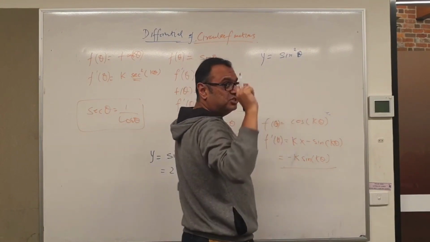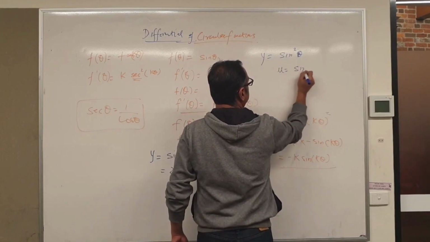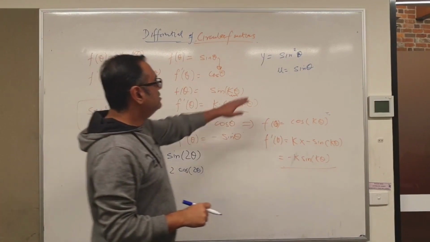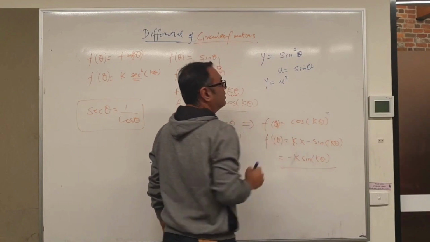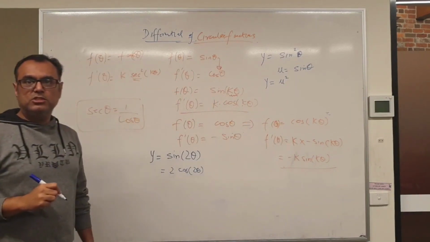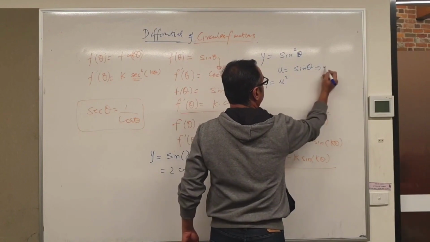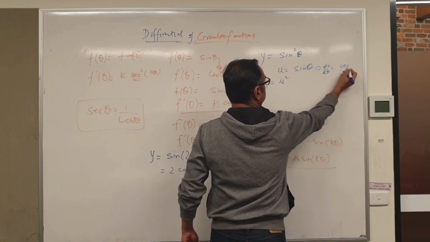What you will do is, again, chain rule. Let u equals sine theta. What does this function become, Romeo? It becomes y equals u squared. Can you now, Aishka, say du by d theta? What is the derivative of sine theta? Cos theta, right?